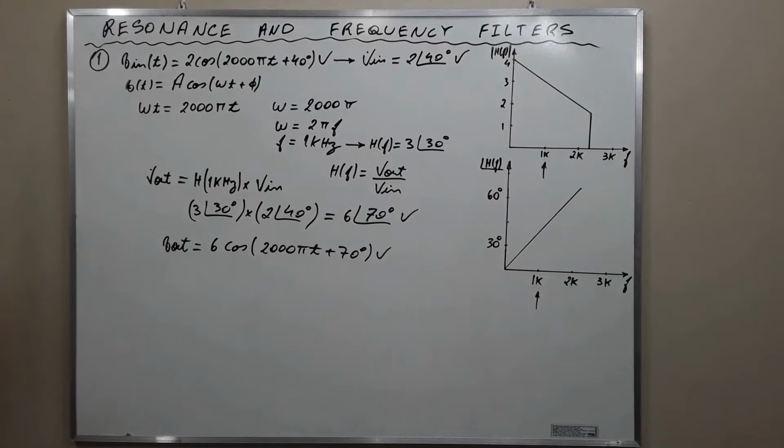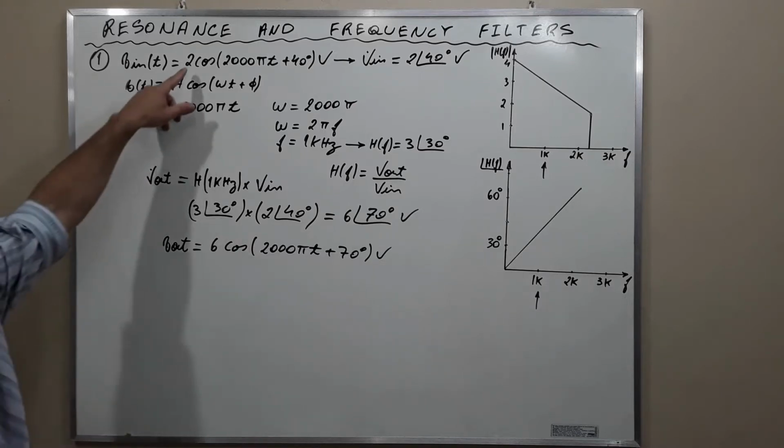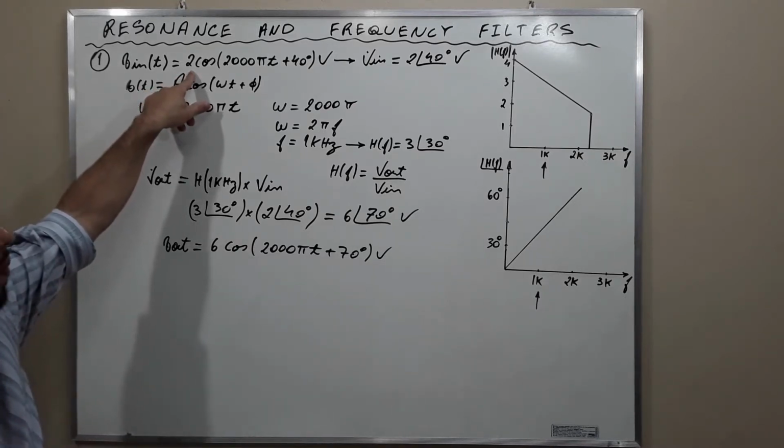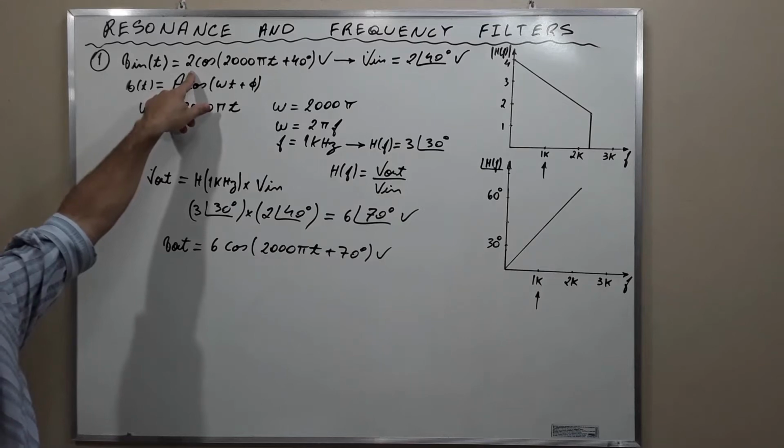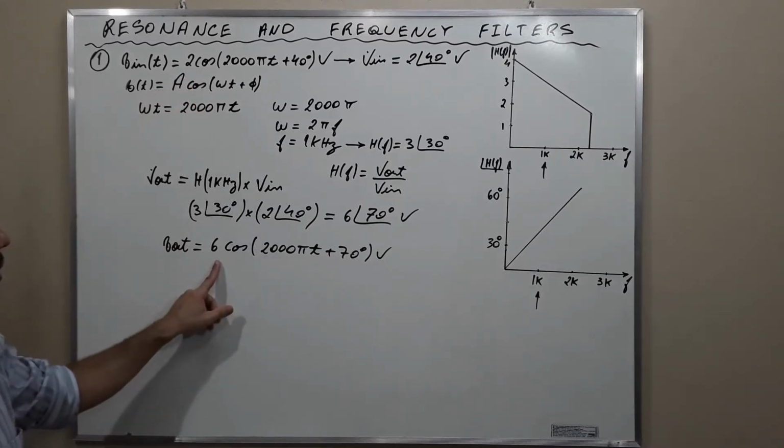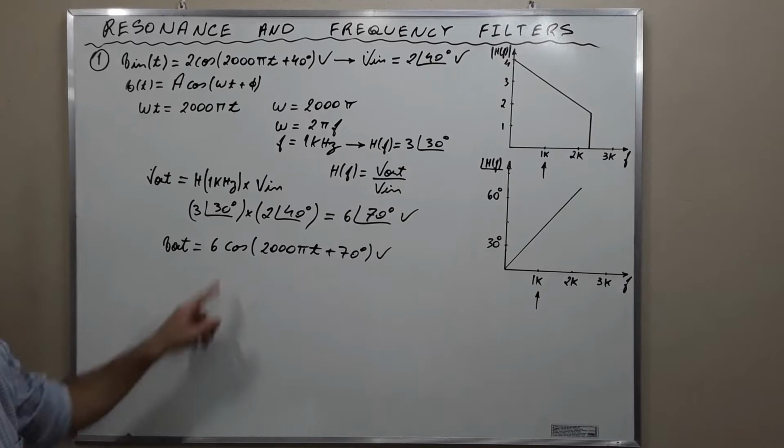And what is the conclusion that we get? The conclusion is that in this case, the amplitude of the input signal is tripled. It was 2, after passing through the filter it becomes 6.